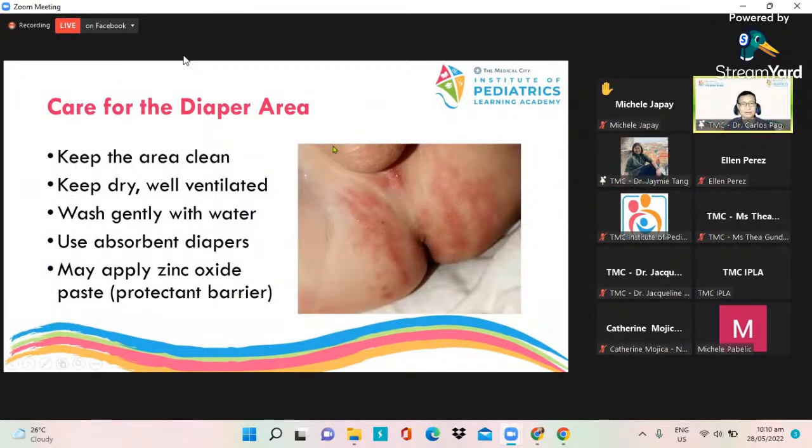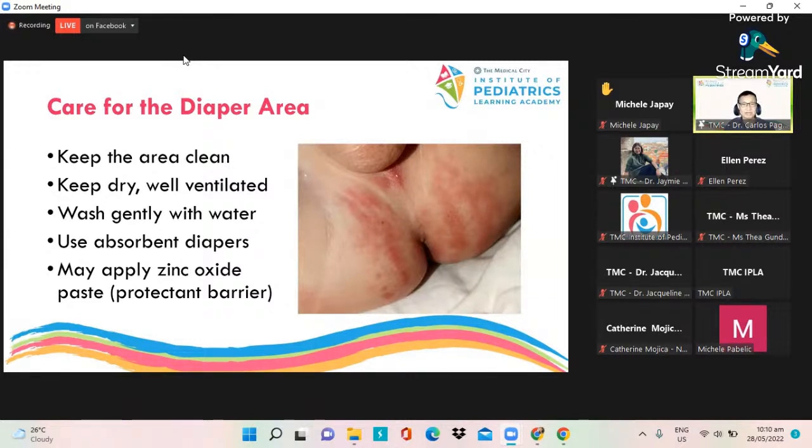Ayan, ito. Favorite to ng mga tao, di ba? Okay, so you can see here, yan po ang gusto nating iwasan. This is simply and plainly your diaper rash. Now, a diaper rash is really caused by just a few things. Number one, the feces and the urine.